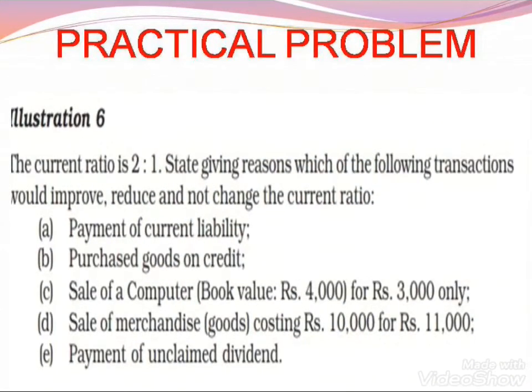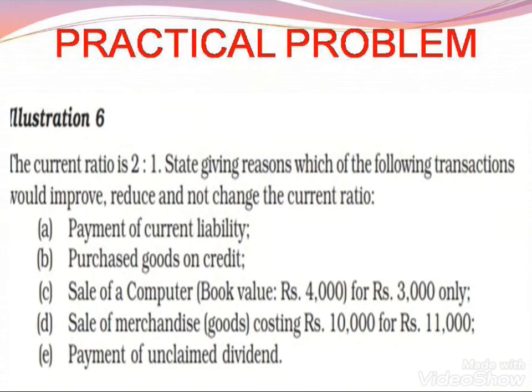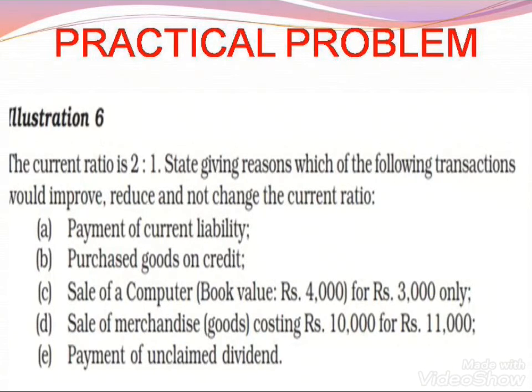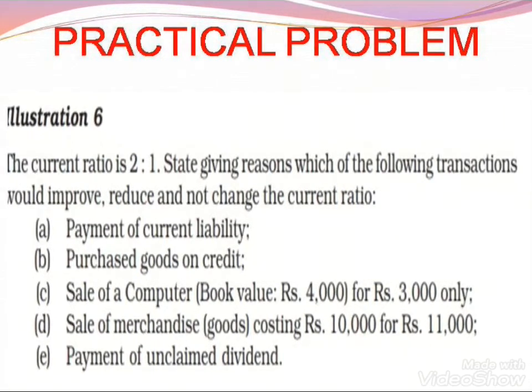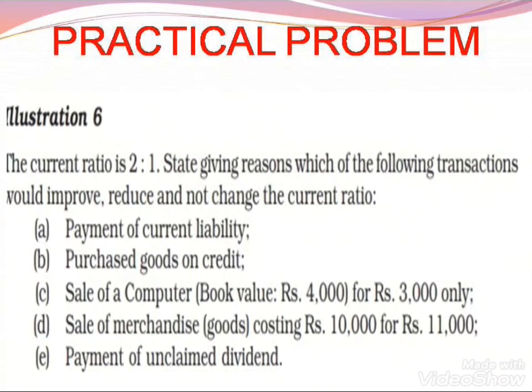Here is another illustration that we have taken from the NCERT book for the practical problems. In this illustration, the current ratio is given, that is 2:1. Now we will have to give reasons which of the following transactions would improve, reduce or not change the ratio.